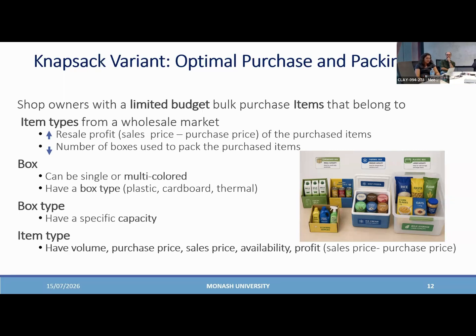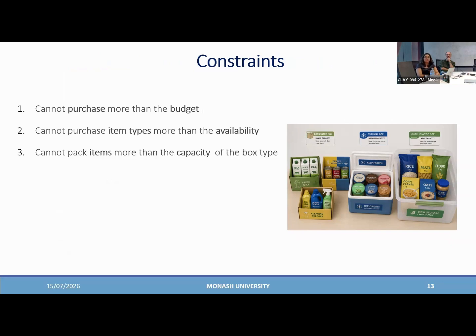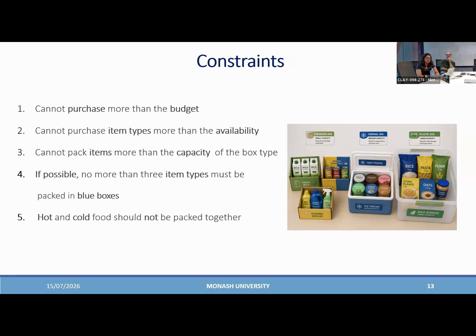And when creating the purchase and packing plan, we have to respect constraints like you can't purchase more than the budget, you cannot purchase item types more than the availability, you can't pack items more than the capacity of the box type. And then, if possible, no more than 3 items must be packed in blue boxes. And there are also some packing constraints like no hot and cold food together, and no detergent and food items can be packed together.